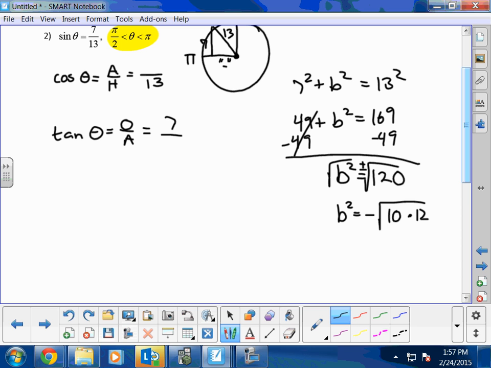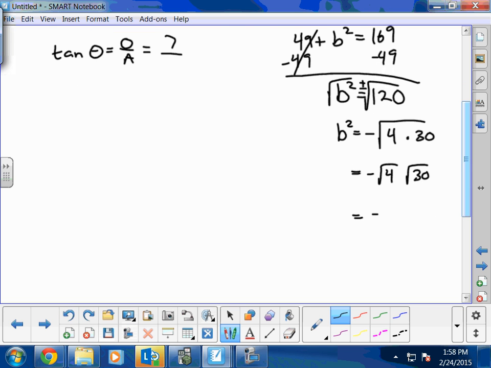I'm looking at 4 times 30, and the reason I'm doing it this way is that I'm going to simplify this a little bit more. The square root of 120 becomes 2 square root of 30, which means that you have negative 2 square root of 30.